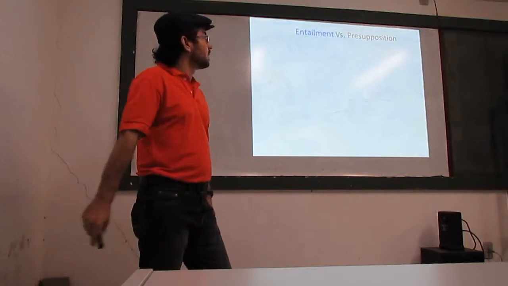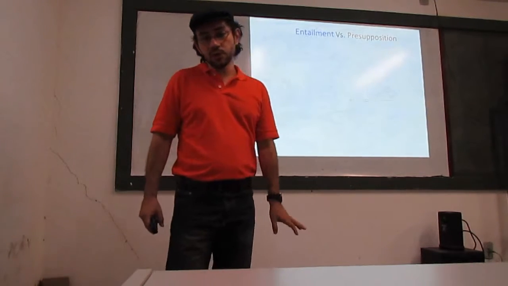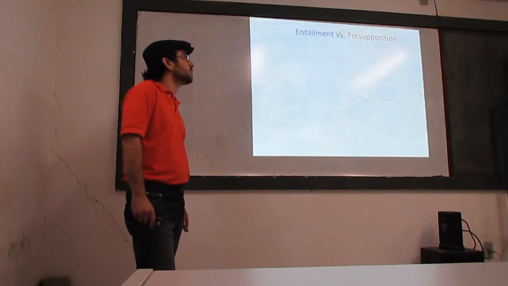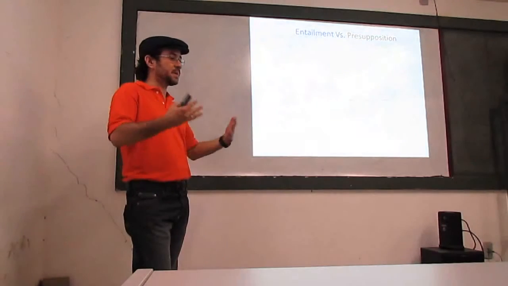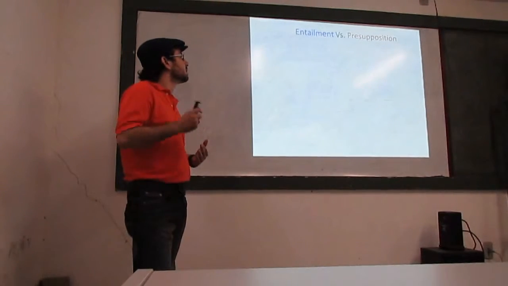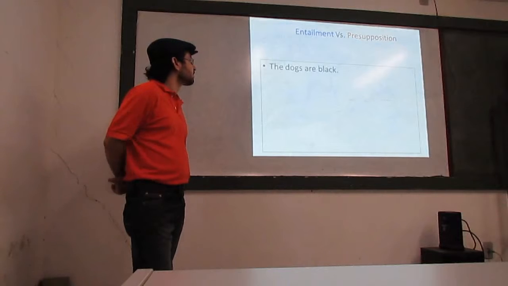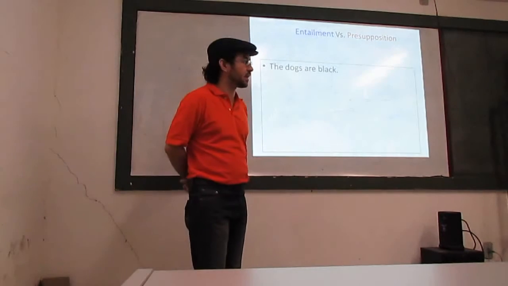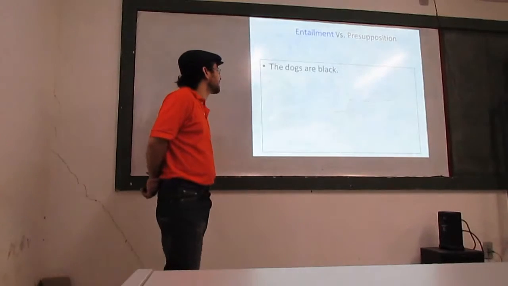Okay. Let's see now another new concept. Entailment versus presupposition. Let's compare now what entail is and what presupposition is. Pay attention. We have the example, the dogs are black. Okay? The dogs are black.